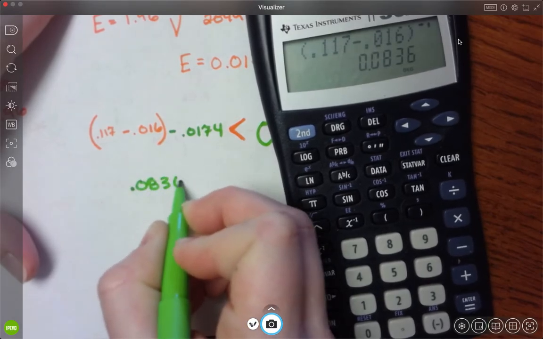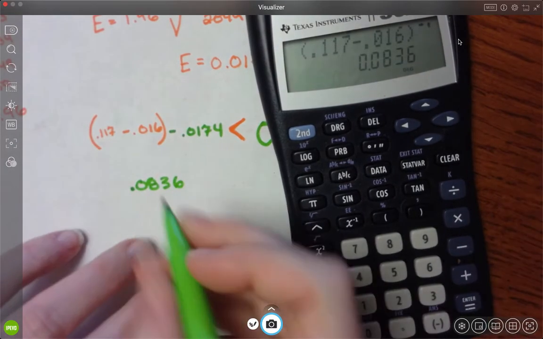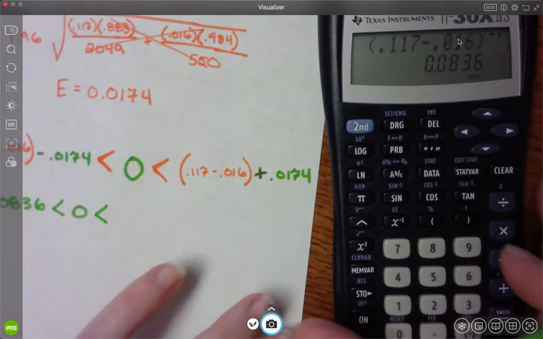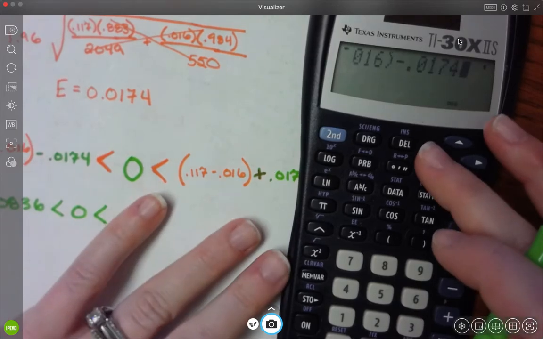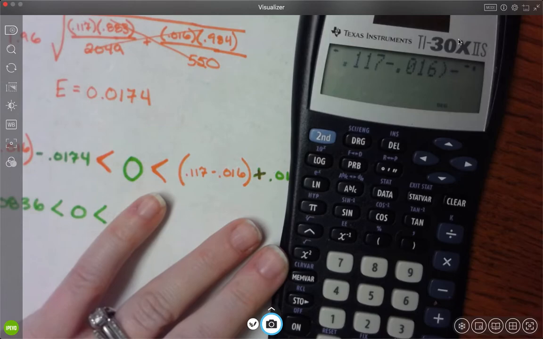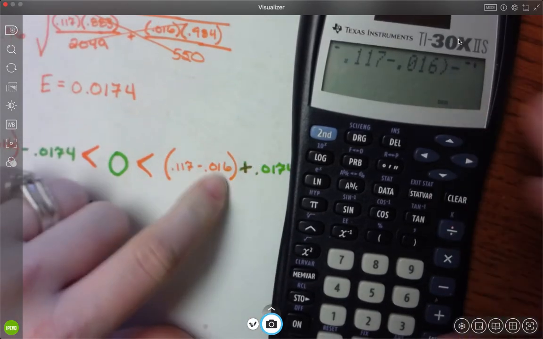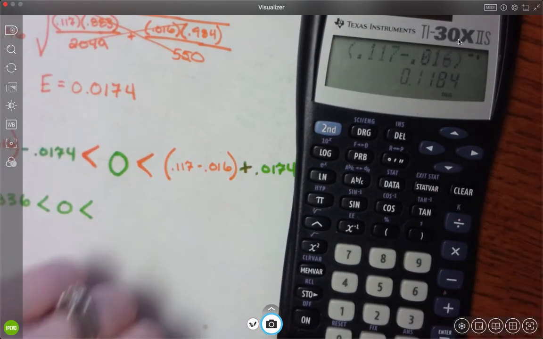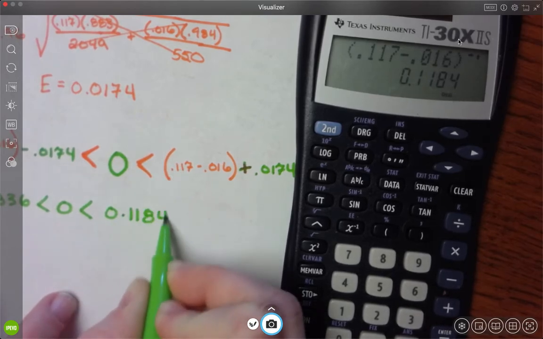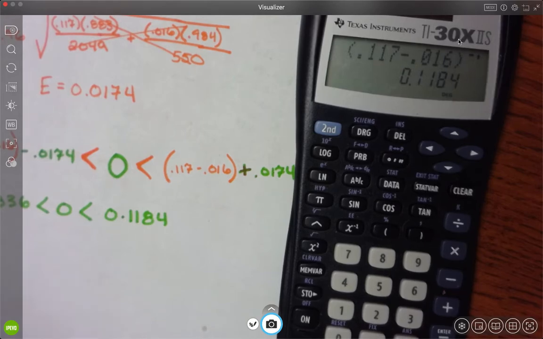Is less than 0, which is less than. All right, and then since I've typed it all in at one shot, I'm going to go back up into my calculator. Instead of minus 0.0174, I'm going to do plus, and that's going to give me 0.1184. All right, we're done with all of our calculations and everything.